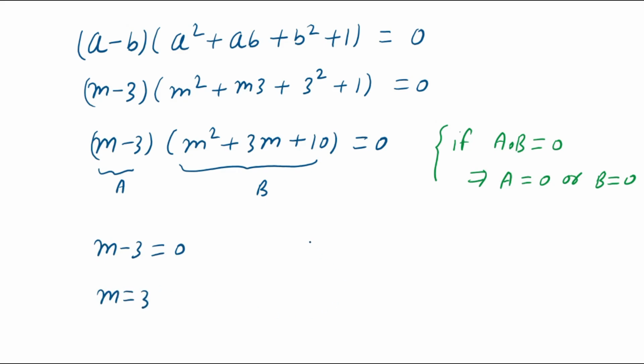And here m^2 + 3m + 10 = 0, which is a quadratic equation.